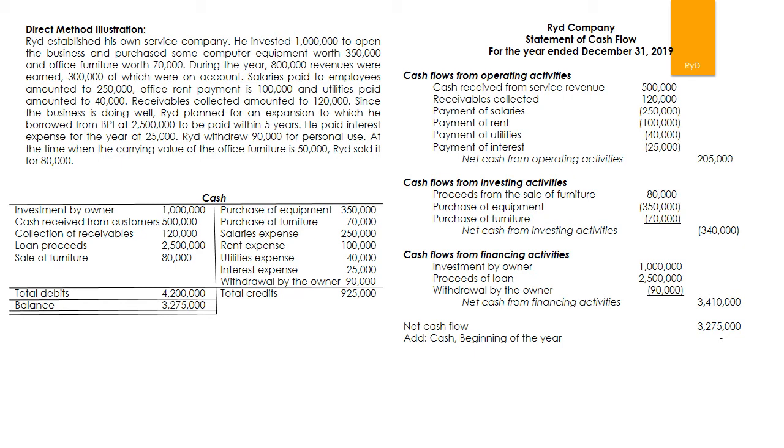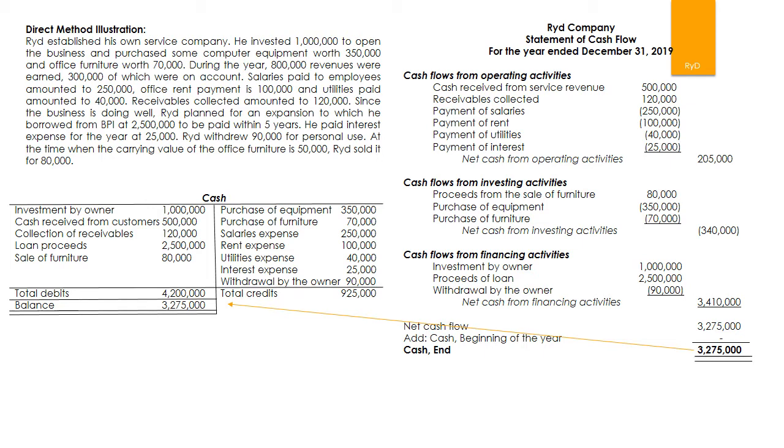But in our succeeding problems, class, or in the problems you encounter, if the beginning cash balance is given, we add it to arrive at our cash end. So our cash end is the same at 3,275,000. This is the same amount, class, that we arrived at as the balancing figure for our cash T-account.